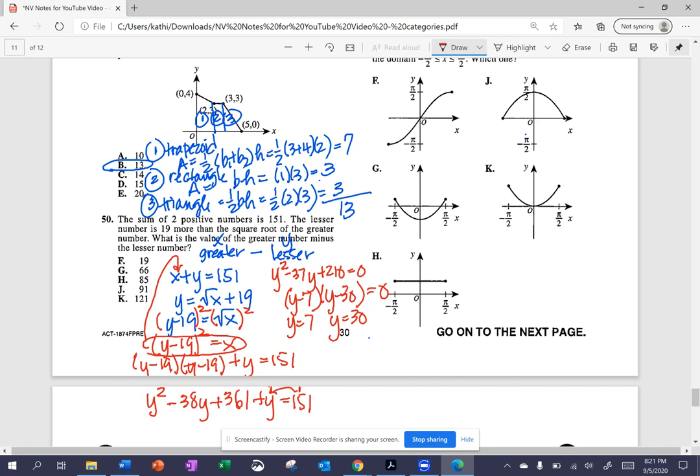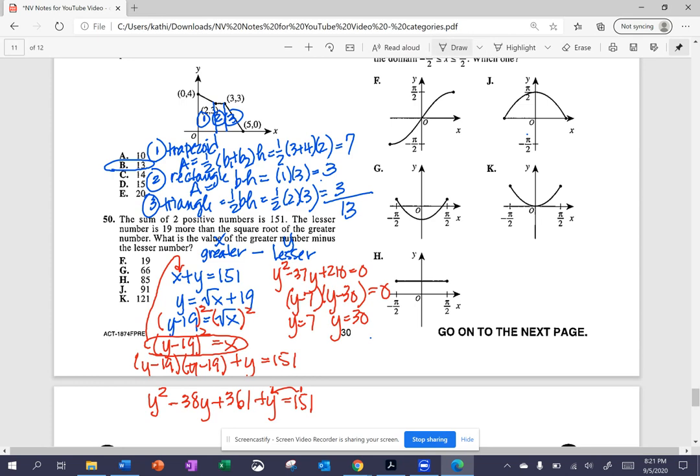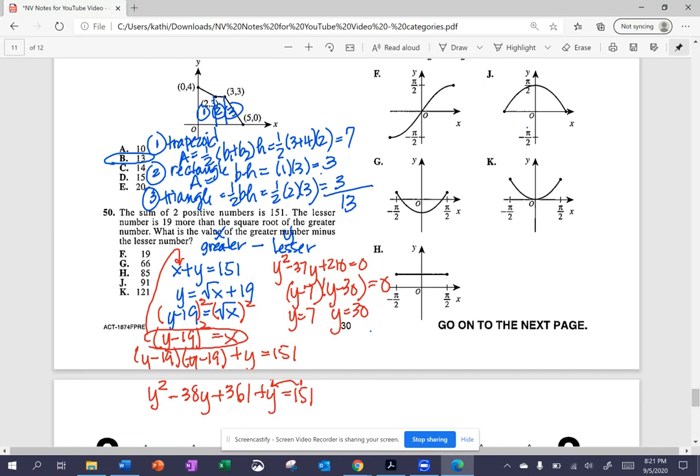So if I put x plus 7 equals 151, I get x equals 144. And x plus 30 equals 151, I get x equals 121.